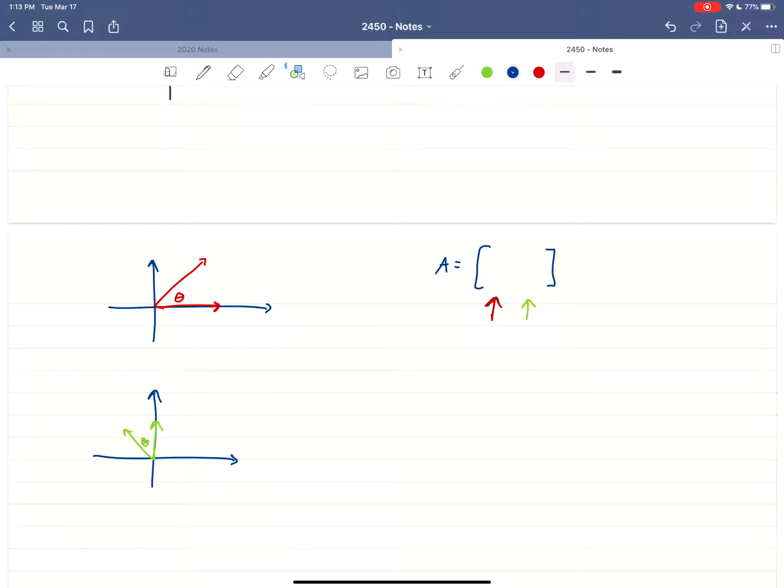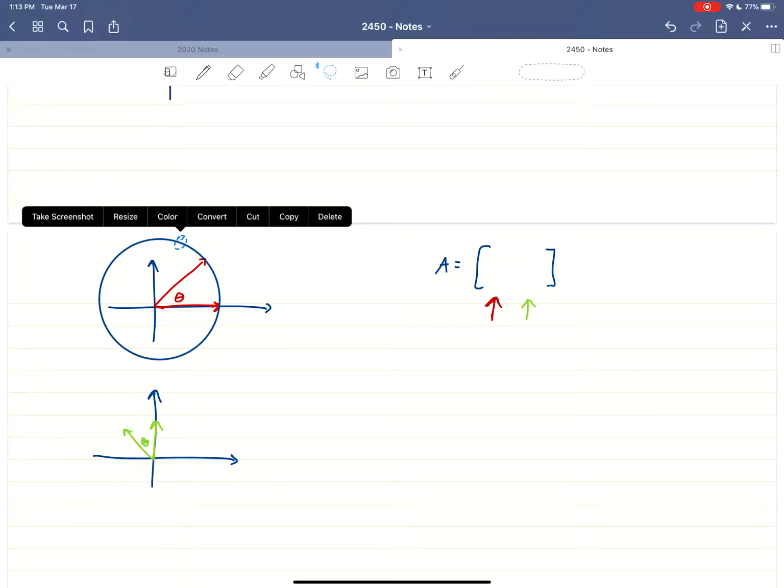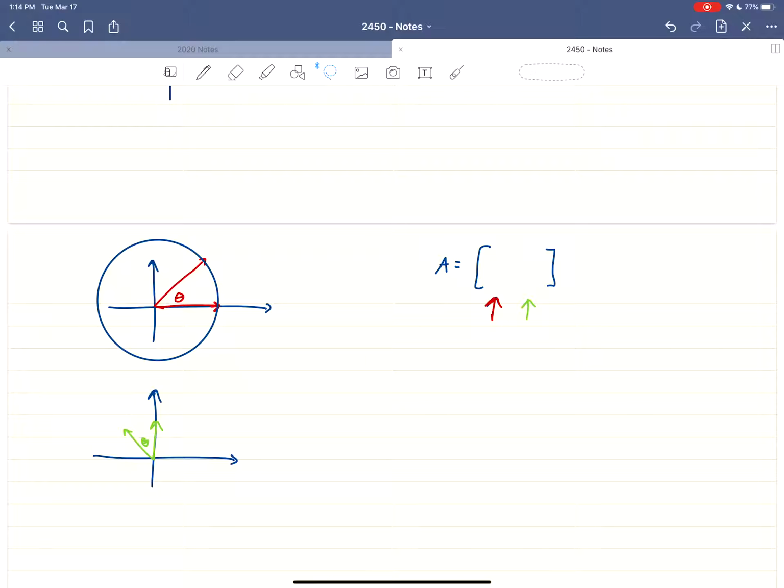Just to emphasize, our output vector is going to be some value along the circle centered at the origin of radius 1. Because if all we're doing is rotating, we're fixing the length, and it's just going to move that vector. It's going to start at the origin, which is the center of the circle, and the tip of the vector is going to move along the circle in a counterclockwise manner. So this is all rotation happening along a circle.